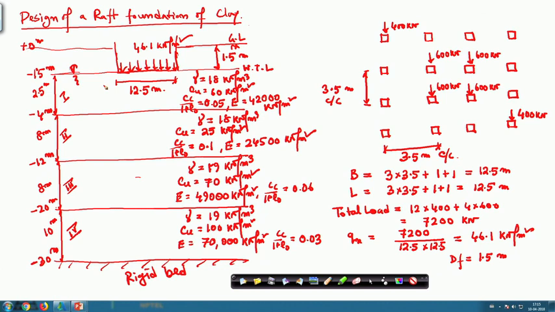But I would prefer to take the weighted average. If you want, you can take 25, because that is the lowest value and most of the influence zone is covered by the second layer. But I will take the weighted average of Cu.